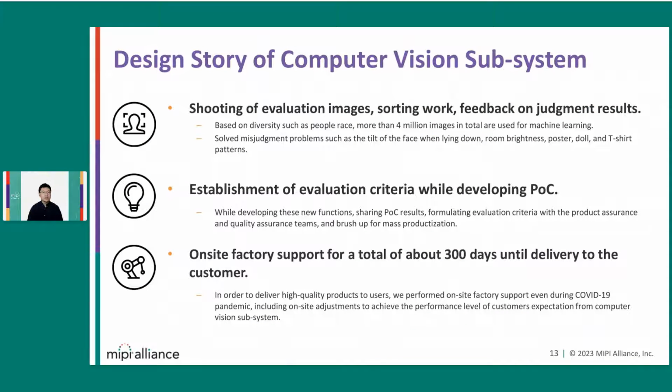And here is the design story of this computer vision subsystem. We are trying to shoot evaluation images and sort them, with feedback on the judgment result. We collaborate with our supplier on this. Based on diversity, such as people's race, more than 4 million images in total are used for the machine learning here.